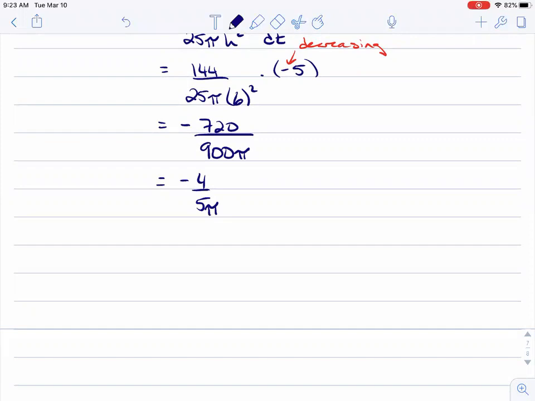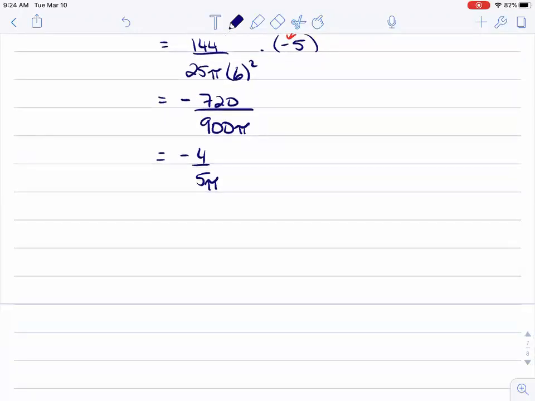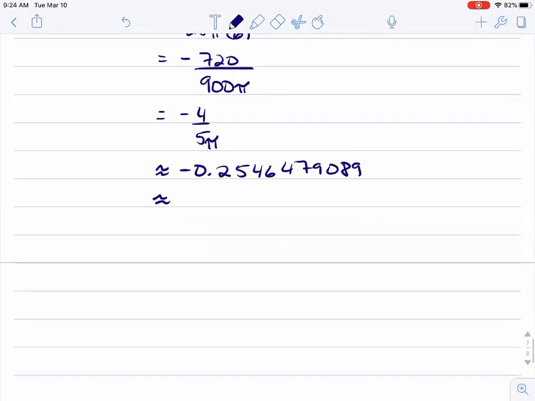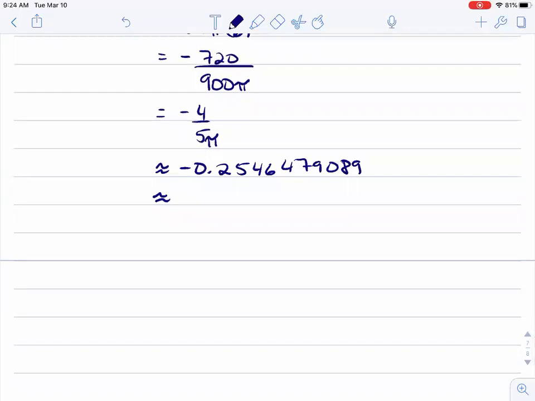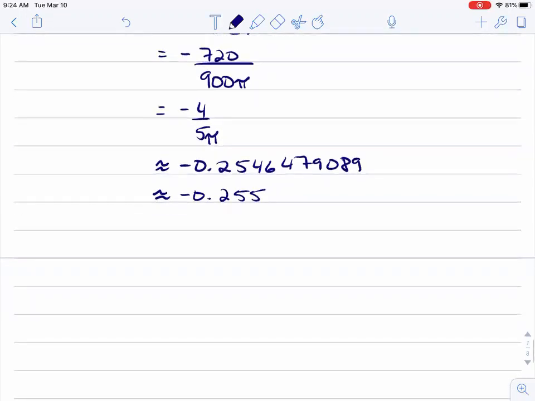If I do -4 divided by (5 pi), I get roughly -0.2546479089, or if we're rounding to, let's say, 3 decimal places, -0.255. And the rate is going to be centimeters per second.